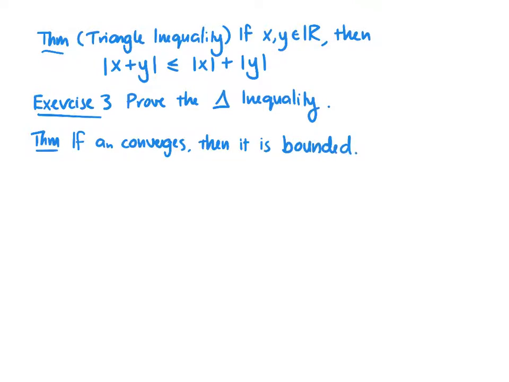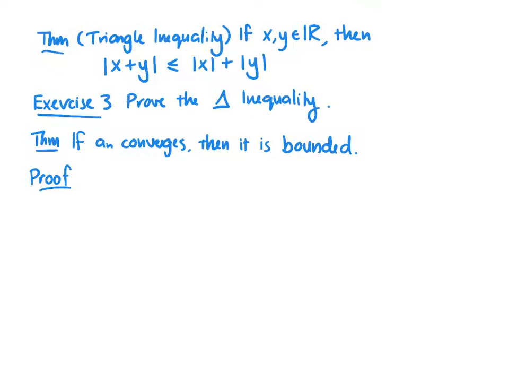All right, so let's work on this proof. How is this going to go? I need to find a bound. That's what we're saying here. If a sub n converges, that means we can get some sort of closeness to its limit. That's good, because once you're within a certain range of the limit, you can use that to develop a bound.